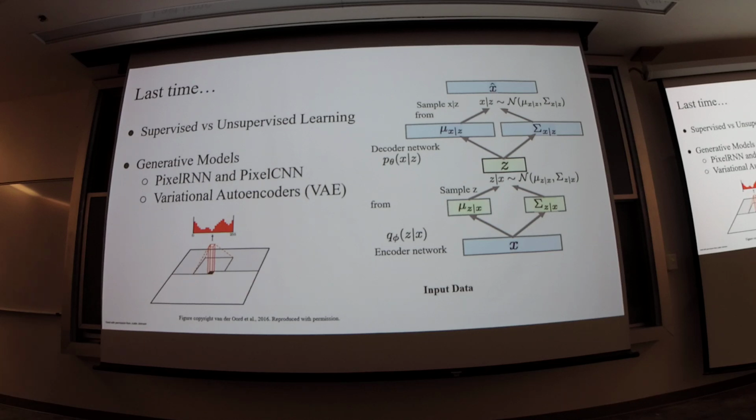A variational autoencoder, just to summarize quickly, is a neural network that takes a data point as its input and returns a vector of means and a vector of standard deviations from which we sample and from which we try to reconstruct, through the decoder, the same input, right?